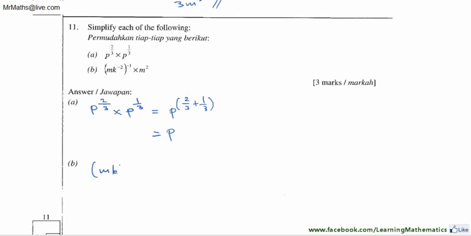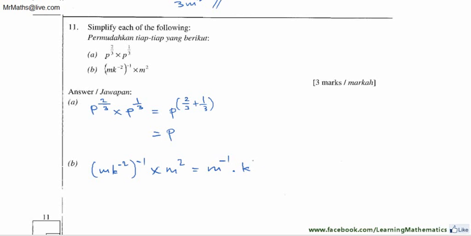MK raised to the power of minus 2, and then minus 1 times m squared. This is actually equal to m minus 1 times k, k minus 2, power minus 2, and then raised to the power minus 1 again. That is actually k raised to the minus 2 multiplied with minus 1.